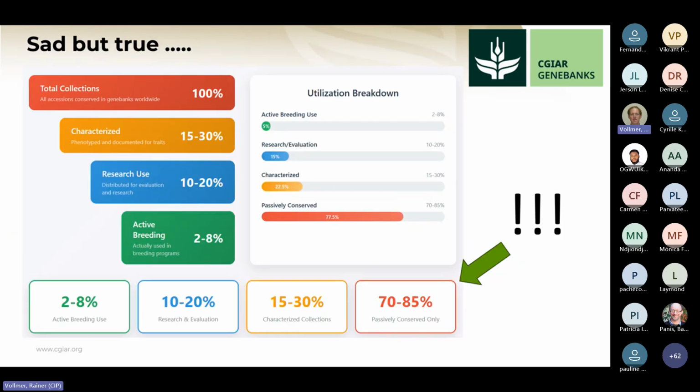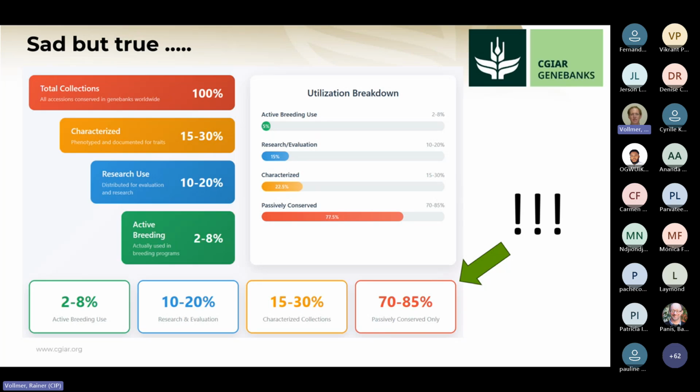What's this? This is the reality, a little bit, of genebanks. It's sad, but it's the reality. You have their collection, let's say 100%. Of this collection, how much is really characterized, that is, phenotyped and documented? It's about 50 to 30%.